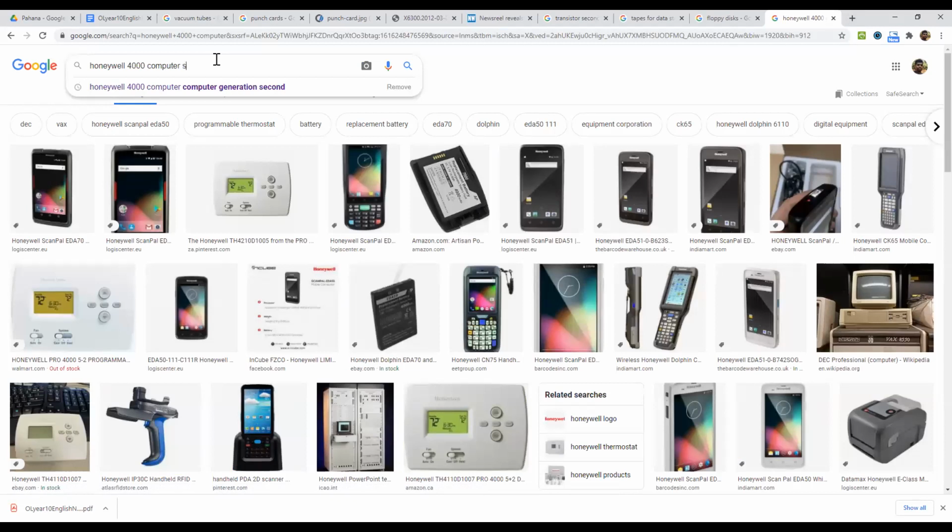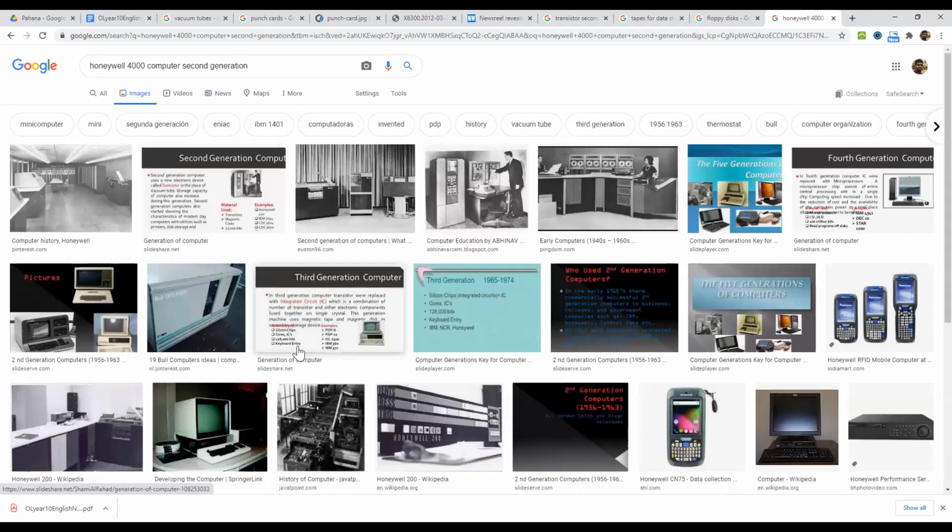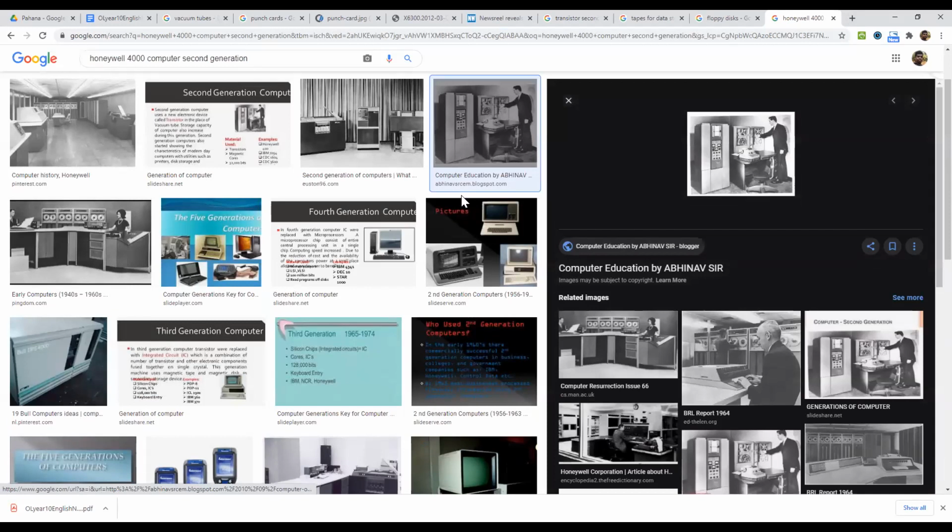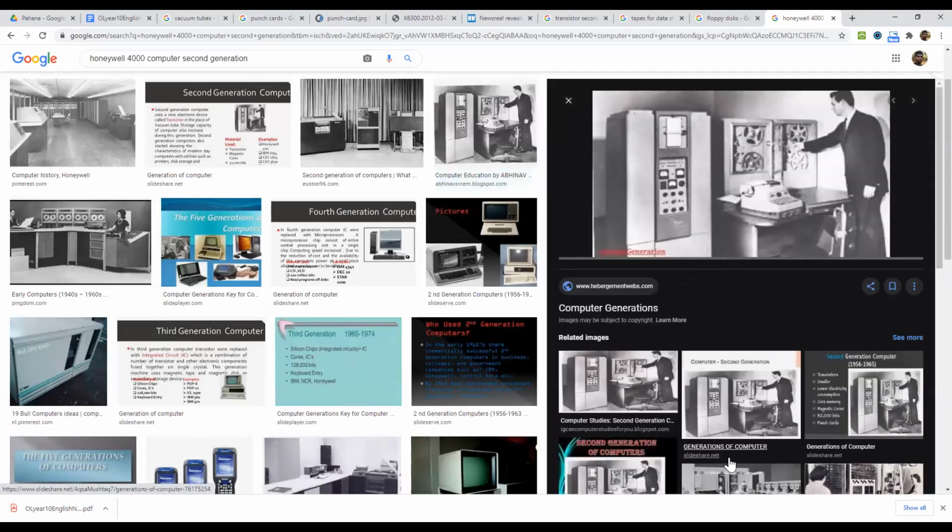So this is not the computer, it's something similar to this one. You see some tapes here.